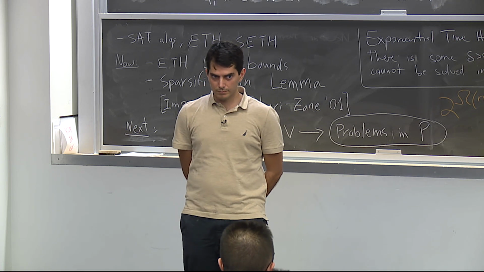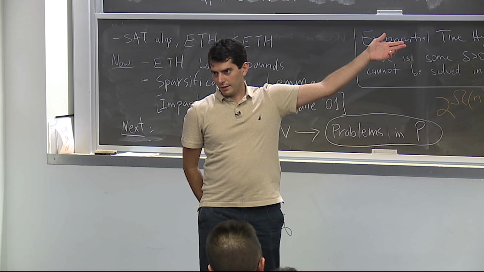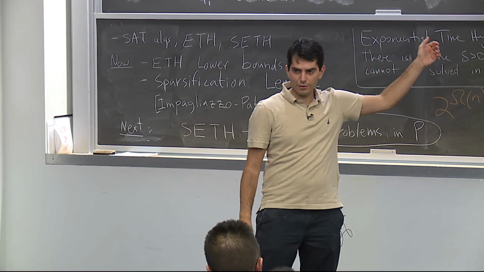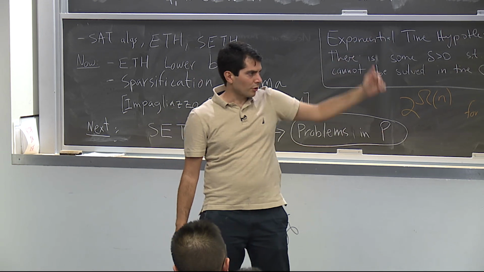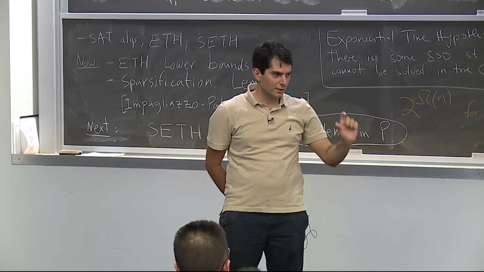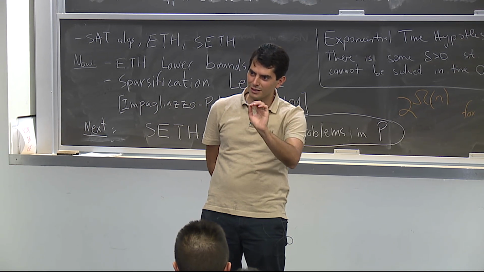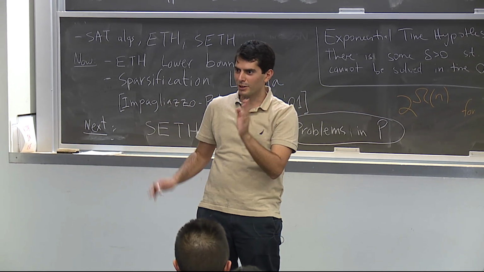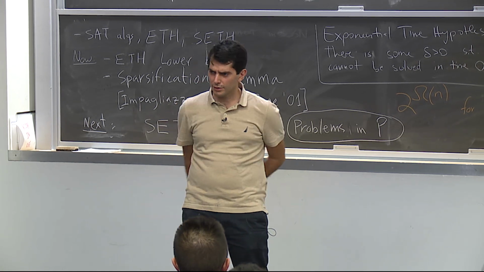Yeah, I mean, this is for SETH, right? You start with SETH, and then for SETH cover, people have made that conjecture, and you can make it for other problems. But the issue is when you reduce it to other problems, you need reductions that don't increase the number of nodes, not even by a constant. Like from n to 2n, that's already making delta over 2. So it's very tricky.